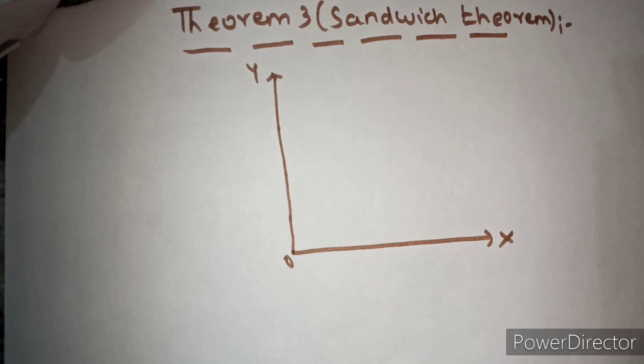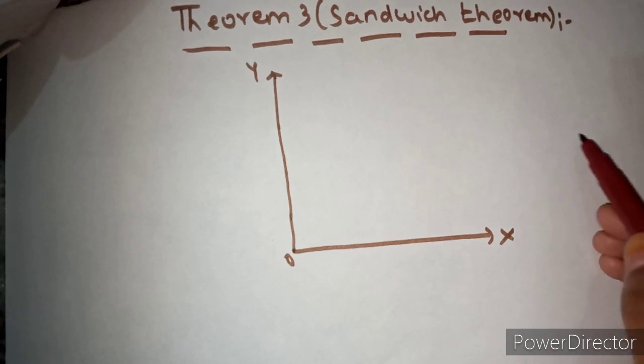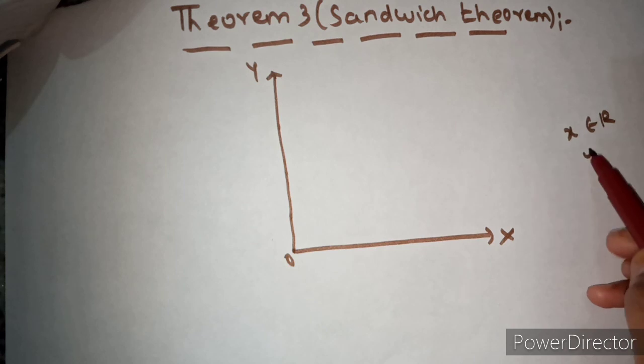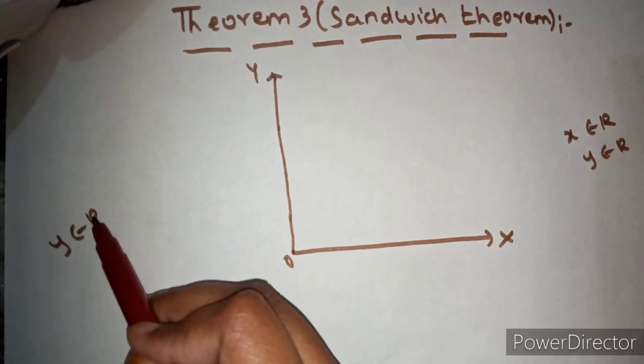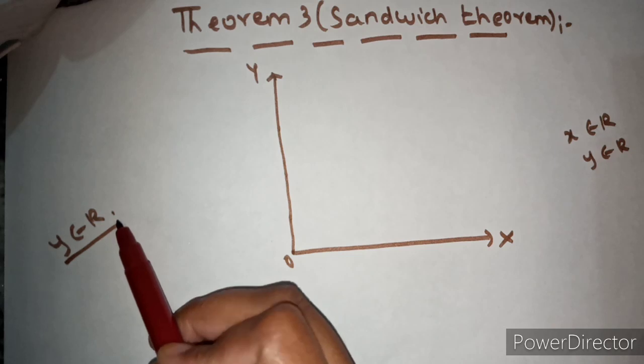Real function means the domain should also belong to real numbers, and the range also belongs to real numbers. X should belong to real numbers, y should also belong to real numbers. Then the function is said to be a real function. In a real valued function, y should only belong to real numbers, whatever the x value may be.